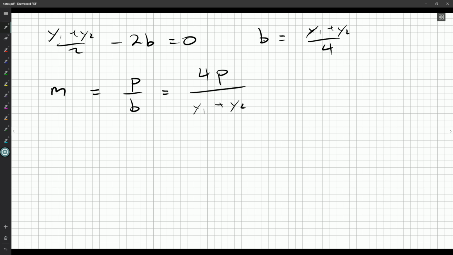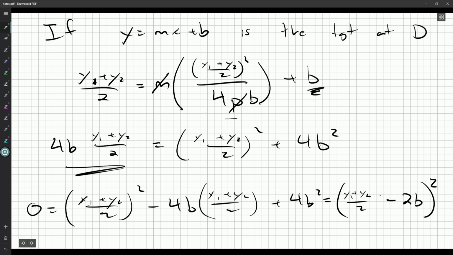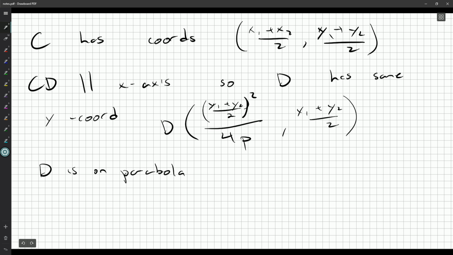And I don't really understand what p is yet. I know it's b times m, but we've just used that fact. So we used the fact that D is on this tangent line. And back here we used the fact that D is on the parabola.